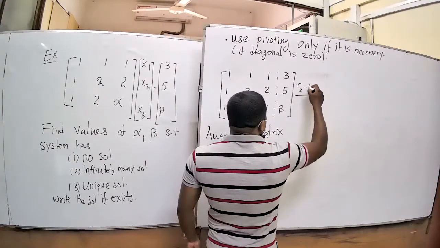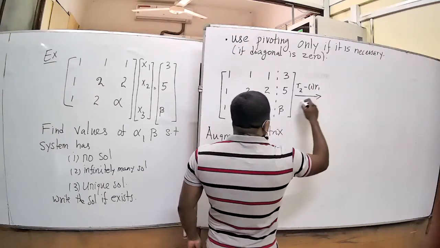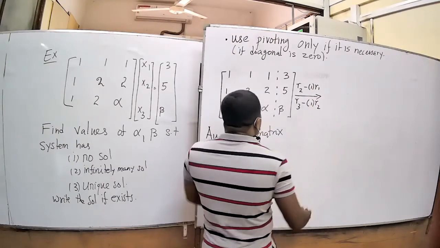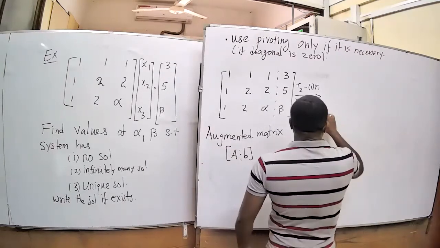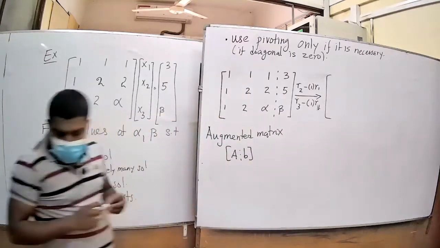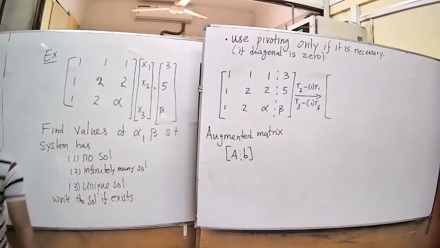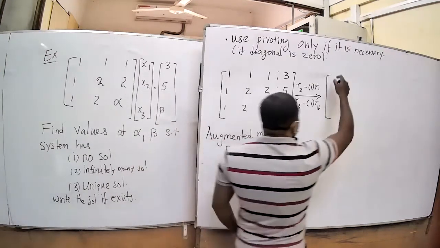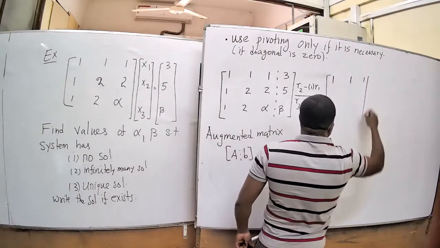R2 minus 1 times R1, R3 minus 1 times R1. When you do that, you can write down the values. It's 1, 1, 1, 3.